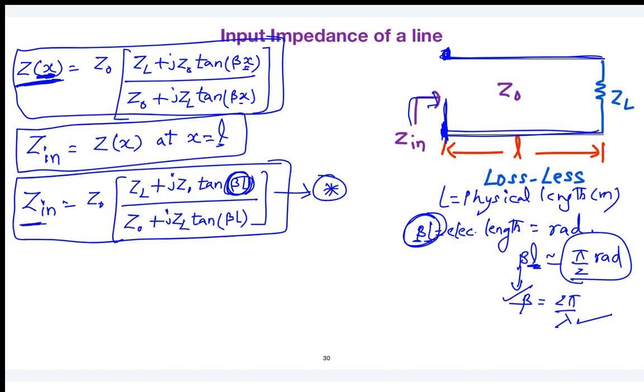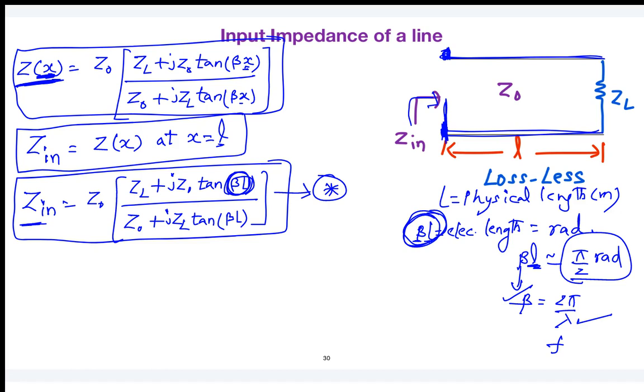Accordingly, you can estimate at what frequency that transmission line is best suited. So the main significance of electrical length is to find out at what frequency the transmission line is effective. So am I making sense? The electrical length signifies the particular frequency where the transmission line is more effective.